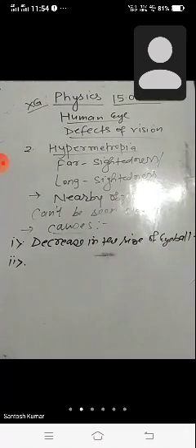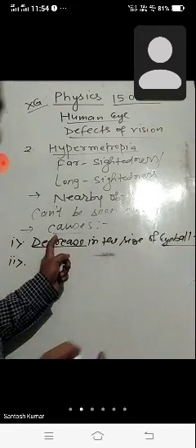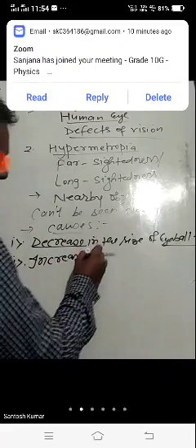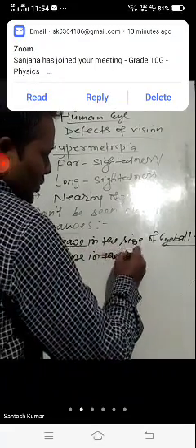Is it visible now? Decrease in the size of the eyeball. Okay, visible. And the second one is just opposite of this. That time it was increased, this time it becomes decreased. So here the second point will be an increase in the focal length.